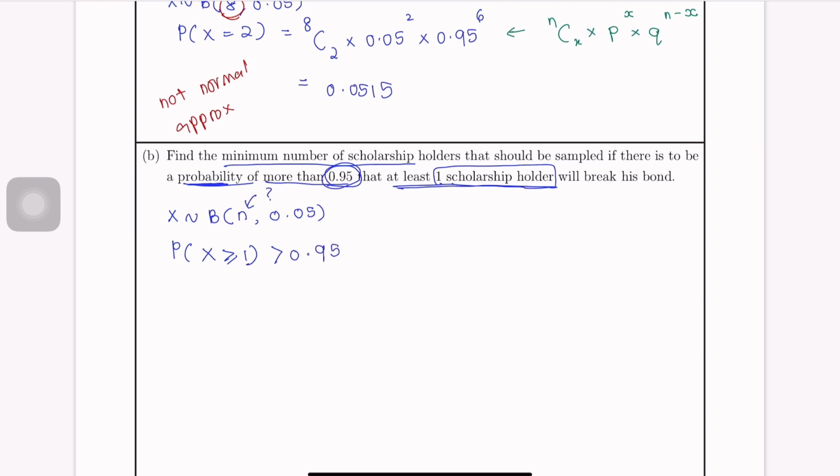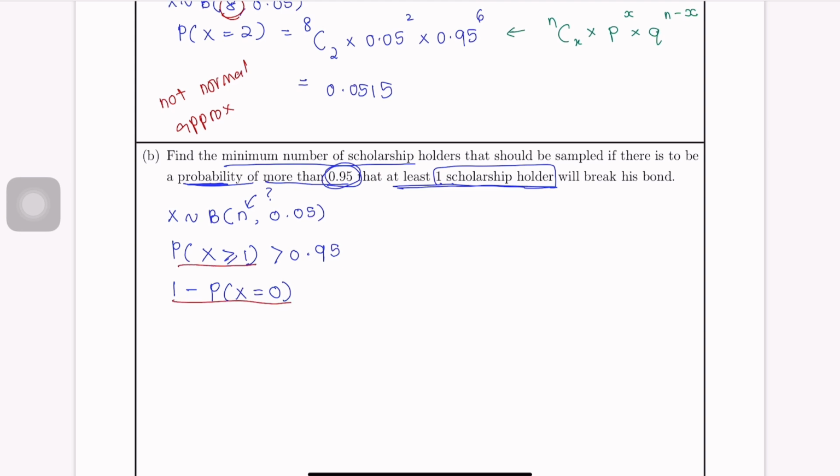Okay. But then, we cannot straight away use the table because we don't know exactly what n is. So what we need to do now, we need to change greater than or equal to 1. We change it to 1 minus probability x equals 0. So why do we change this one to this one?